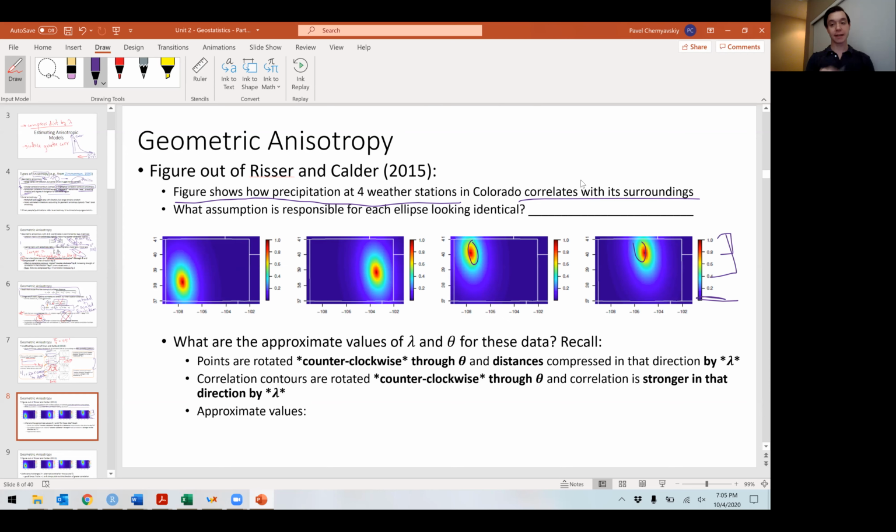All 4 ellipses are the same. All 4 ellipses are equally elongated, and all 4 ellipses are equally rotated. What is the assumption responsible for each ellipse looking identical? Stationarity.